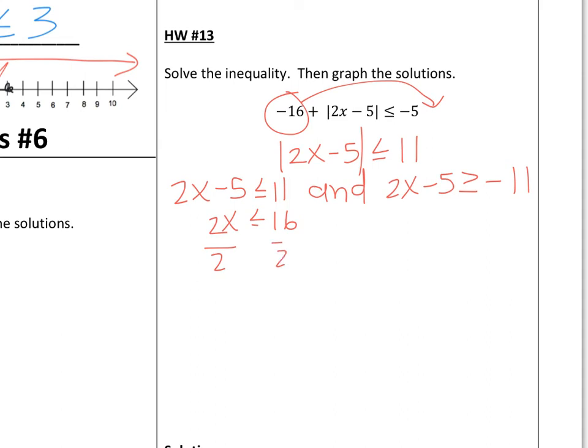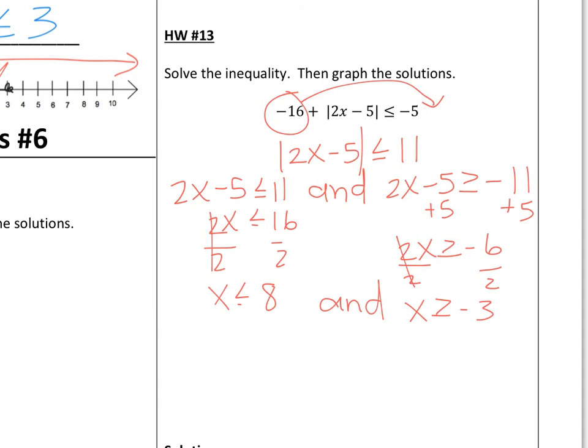Divide by 2, and I've got x less than or equal to 8. Add 5 to both sides here, and I've got 2x is greater than or equal to -6. Divide by 2, and so x is greater than or equal to -3, and this is an and.